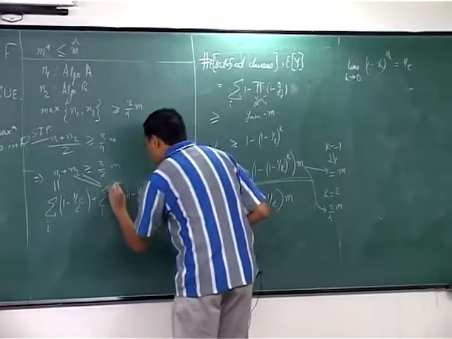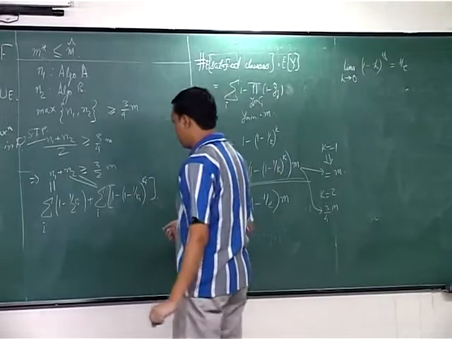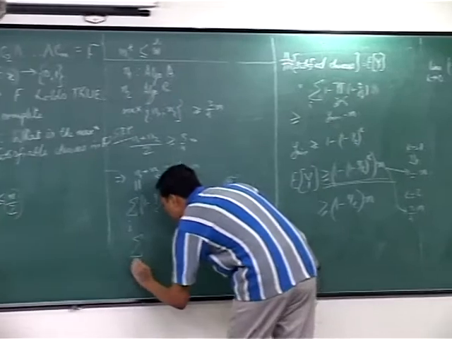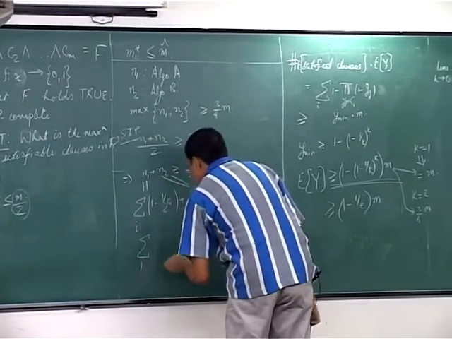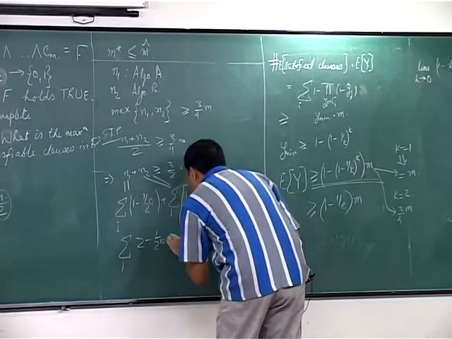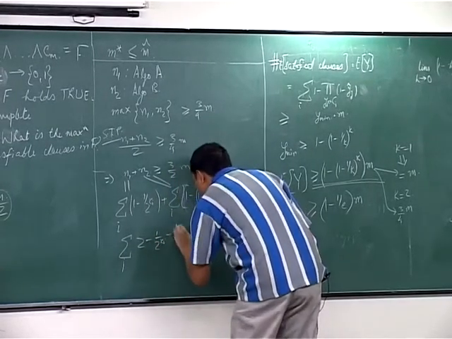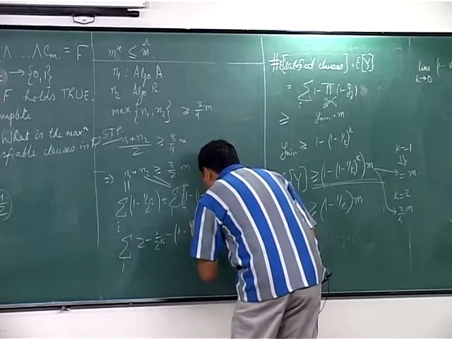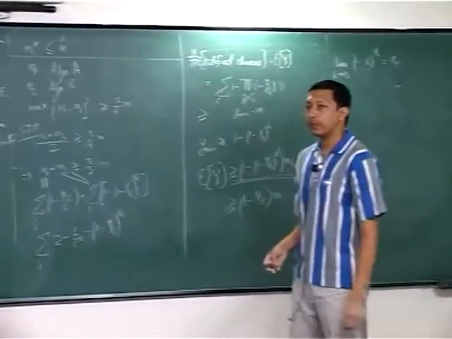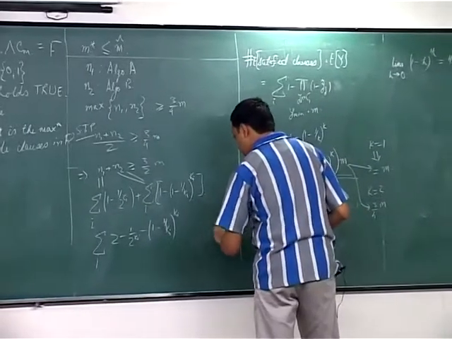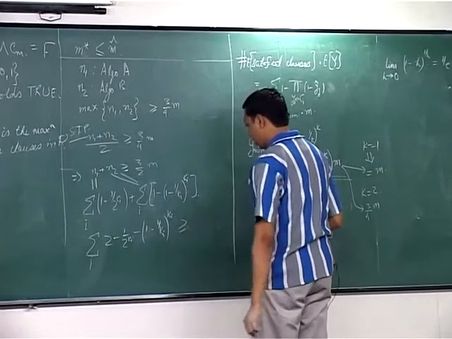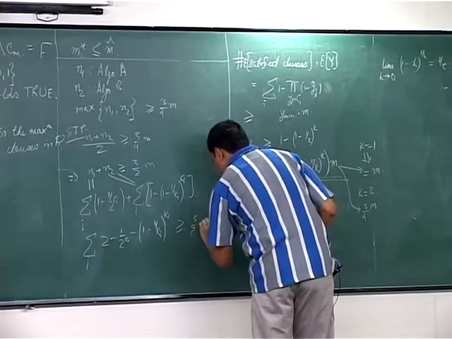Right, and now what you can do is you combine them, you get 2 minus 1 by 2 power ki, minus 1 minus 1 by ki raised to ki, okay. And this you will be able to show is at least 3 by 2 times m.